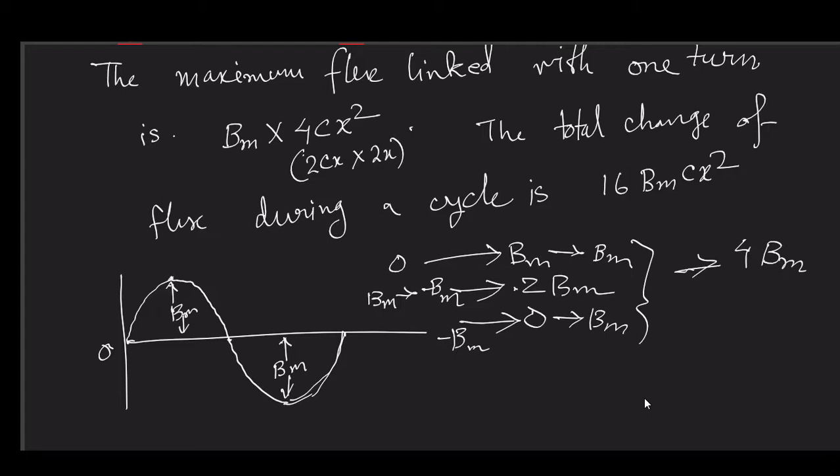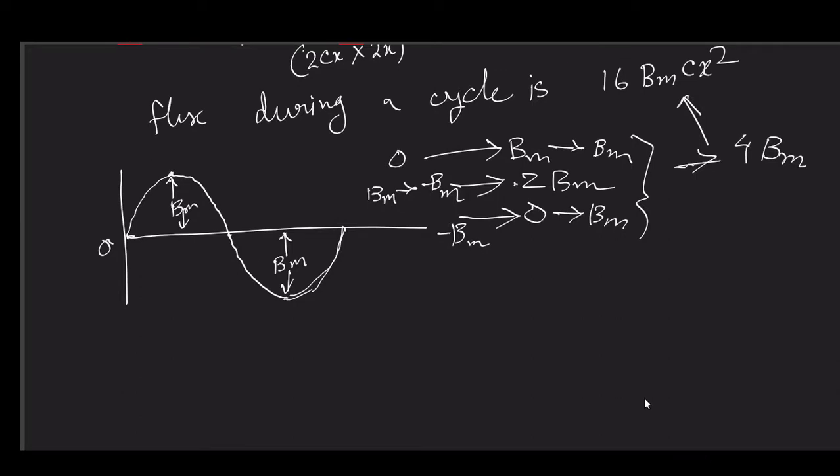That is not an issue here. We are talking about the total change, which is 4 Bm. So 4 Bm into 4 cx square results in 16 Bm cx square, right?